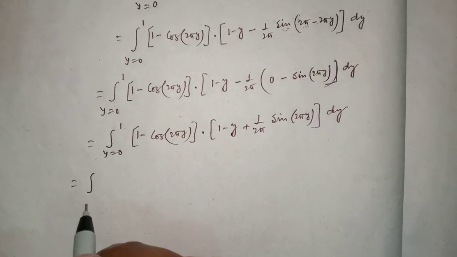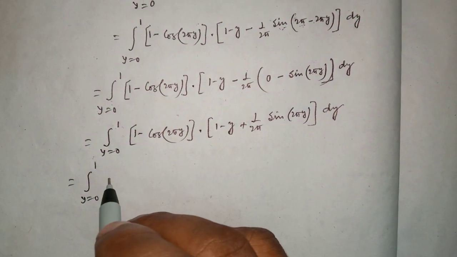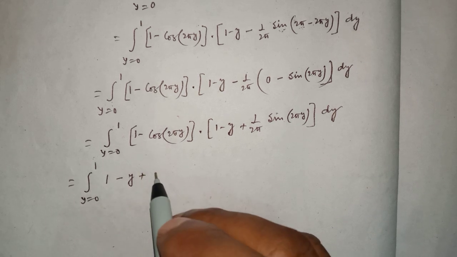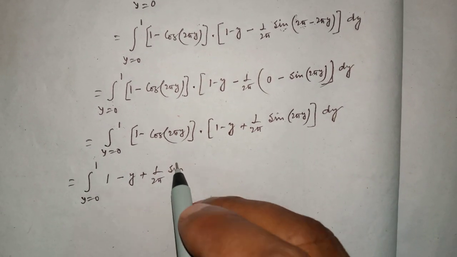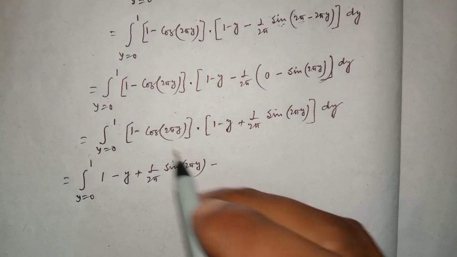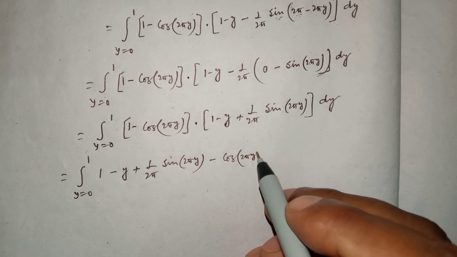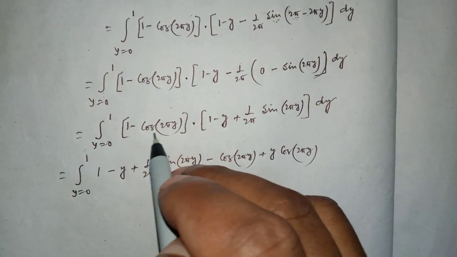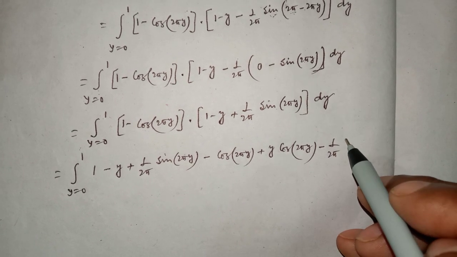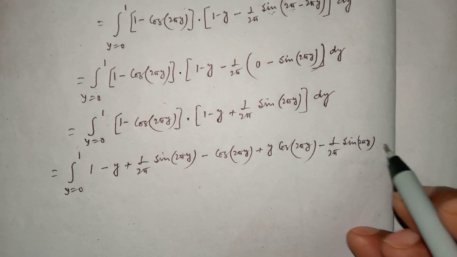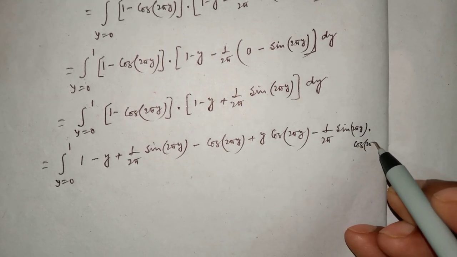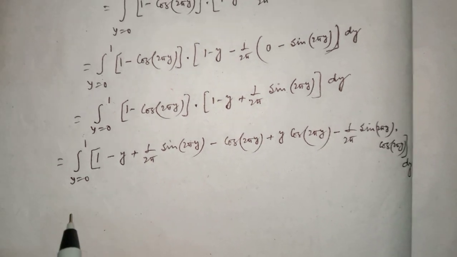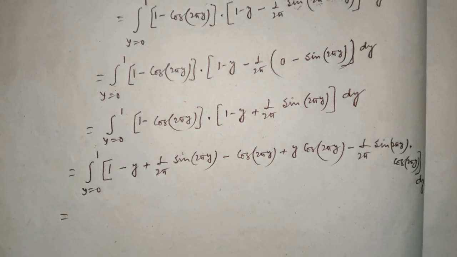This equals integration y from 0 to 1 of (1 minus y plus 1 by 2π sin 2πy minus cos 2πy plus y cos 2πy minus 1 by 2π sin 2πy into cos 2πy) dy.